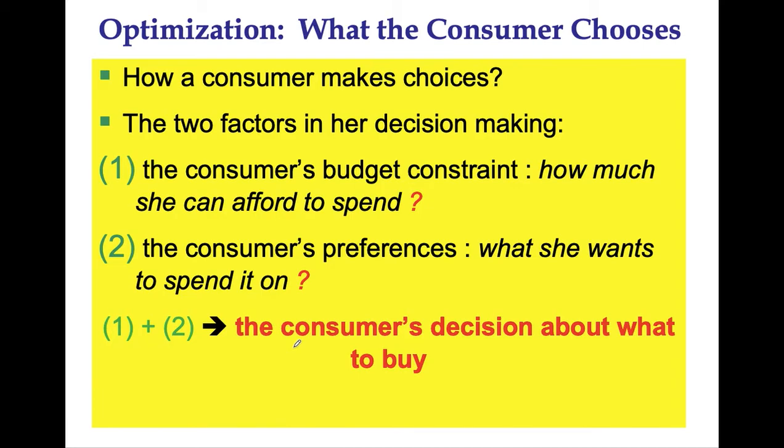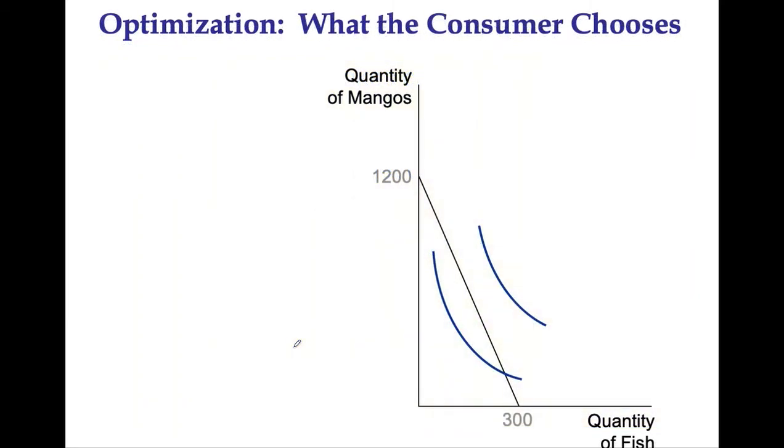So let's put these two pieces together on the same picture. When we talk about consumer choices, here we talk about optimization. When we talk about optimization, especially in mathematics, we mean maximization or minimization.